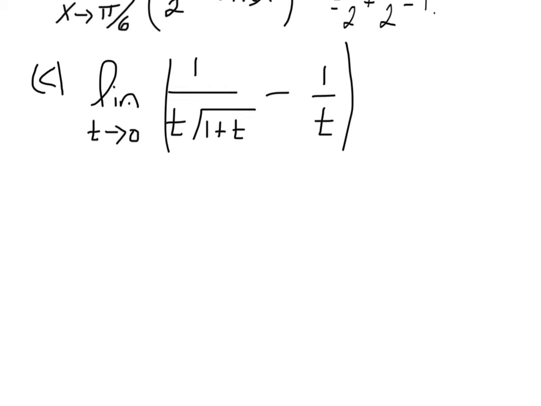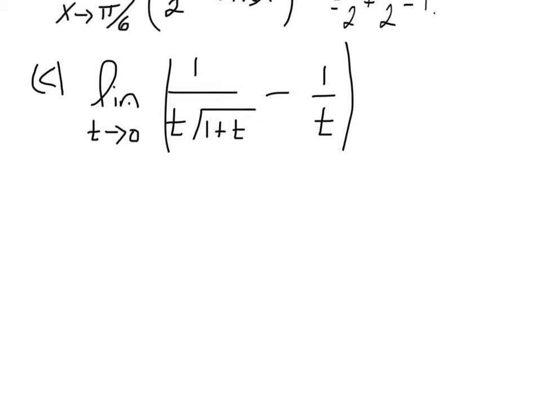Taking a look at this, we notice that 0 isn't in the domain of this function. Here we'd be dividing by 0 when t is 0, and here again we'd be dividing by 0 when t is 0. So it's definitely not in the domain of the function.